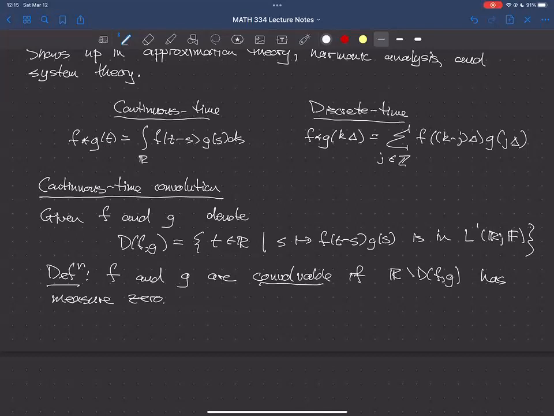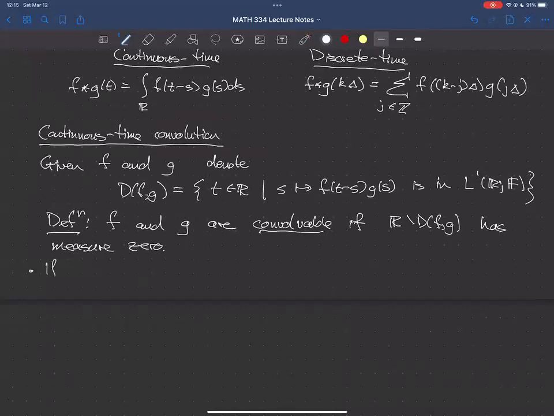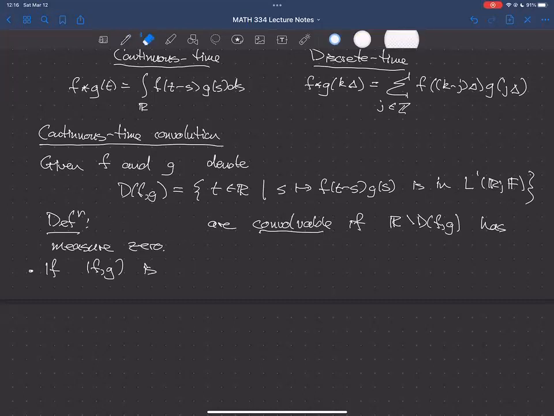So if f and g is convolvable, and sorry, I shall use the better terminology here. So we're going to say the pair f, g is convolvable, if that's true.